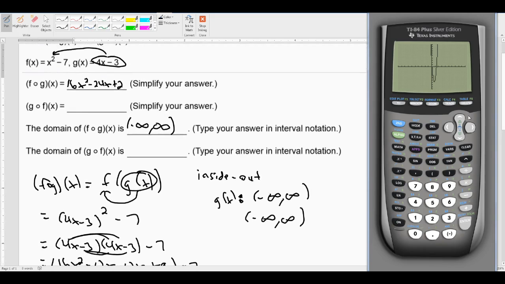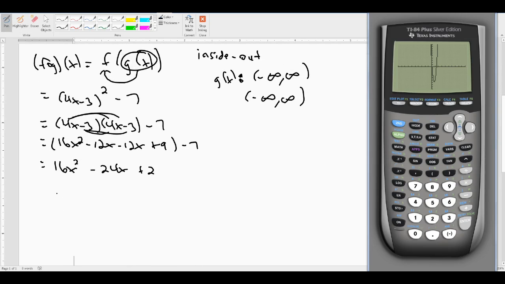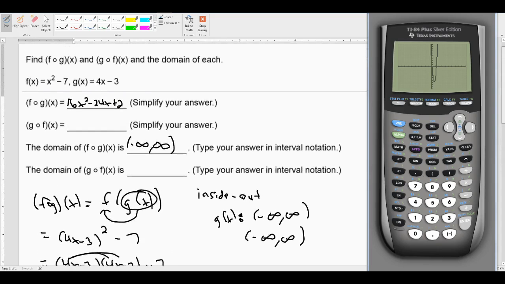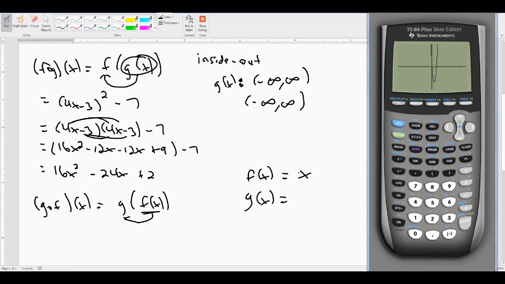So now we're going to do g op f of x. That means we're going to find g of f of x, so this f of x goes inside the g function. Let's write down the f of x function down here so we can all see it. The f of x function was x squared minus 7, and g of x was 4x minus 3.